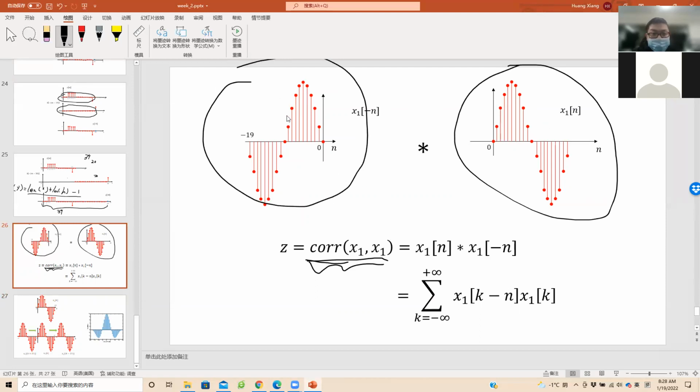So it's defined this way, and the autocorrelation can be defined with the convolution in this way. If we think of this as our impulse response H, it can be written in this way.